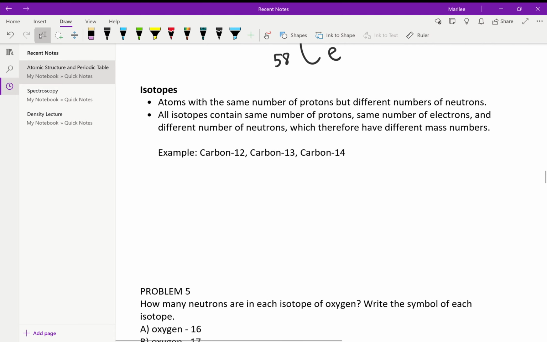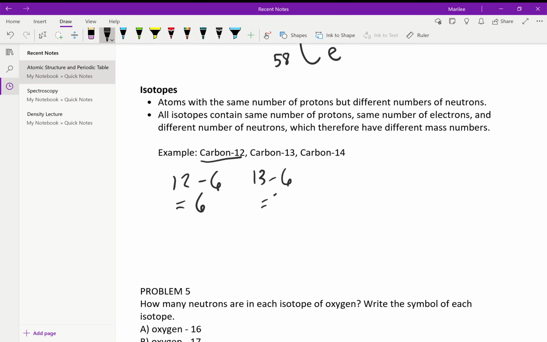An example here is carbon 12, carbon 13, carbon 14. Well, first of all, we know carbon has atomic number of 6. So if we do carbon 12 here, that will be 12 minus 6. We'll get 6 neutrons. Carbon 13 will do 13 minus 6.